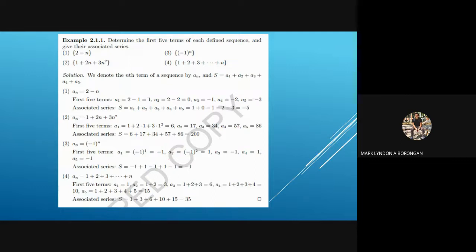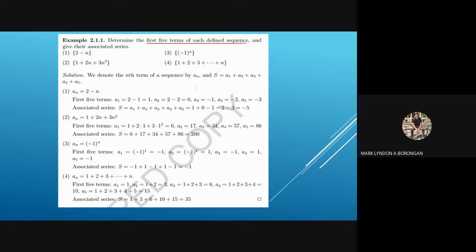So you have an example. We will determine the first 5 terms of each defined sequence and give their associated series. For example, number 1, you have 2 minus n. We are asked to find the first 5 terms of each defined sequence.